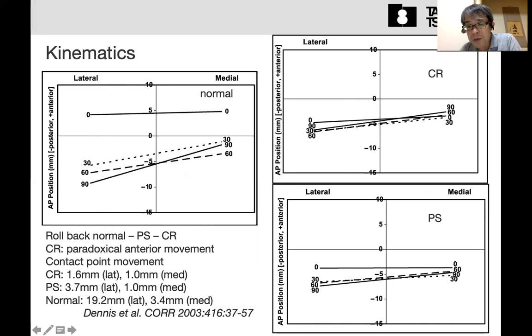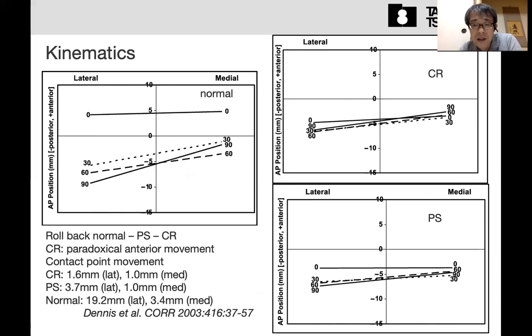But this is a PS knee. In the PS knee, posterior translation is a little bit smaller, just 3.7 millimeters, around 1/4 of the normal knee. And the medial side is only 1 millimeter. But it is still continuous.